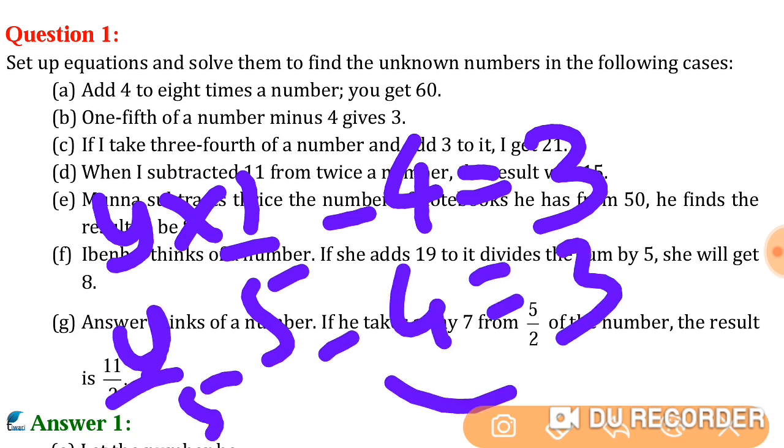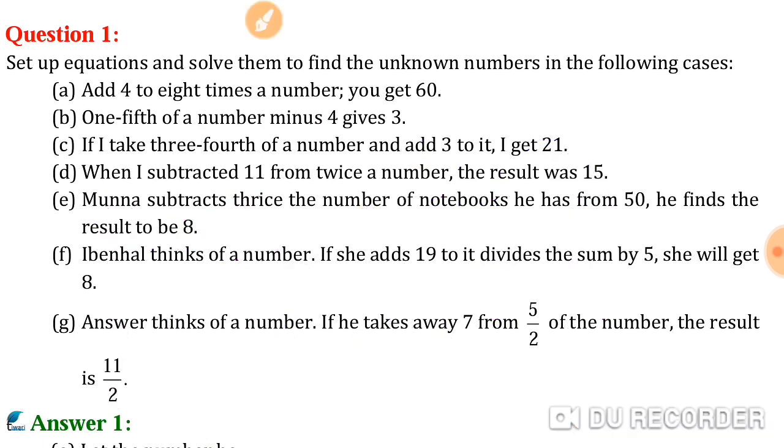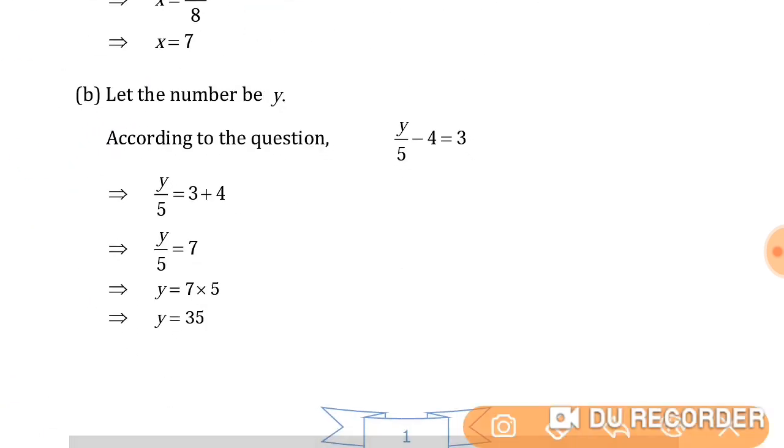So let the number be y. According to the question, y by 5 minus 4 is equal to 3. If you transfer the 4 that side, it becomes plus: 3 plus 4 is equal to 7. So y by 5, I don't want the 5, so I transfer it and it becomes a multiplication. 7 fives are 35. So y is equal to 35.